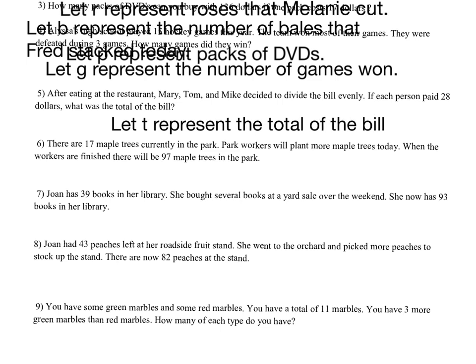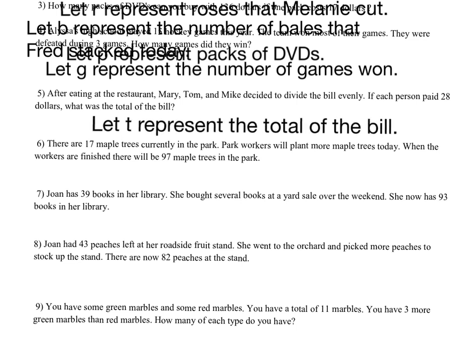So before they divided it out, T is that total. If you use T, you might want to use kind of a curled part on the bottom so it doesn't look like a plus sign or anything. Okay, and as you do these, hopefully you can get to a point where you can pause and try to figure out what defining the variable would mean for that problem before I show it to you.